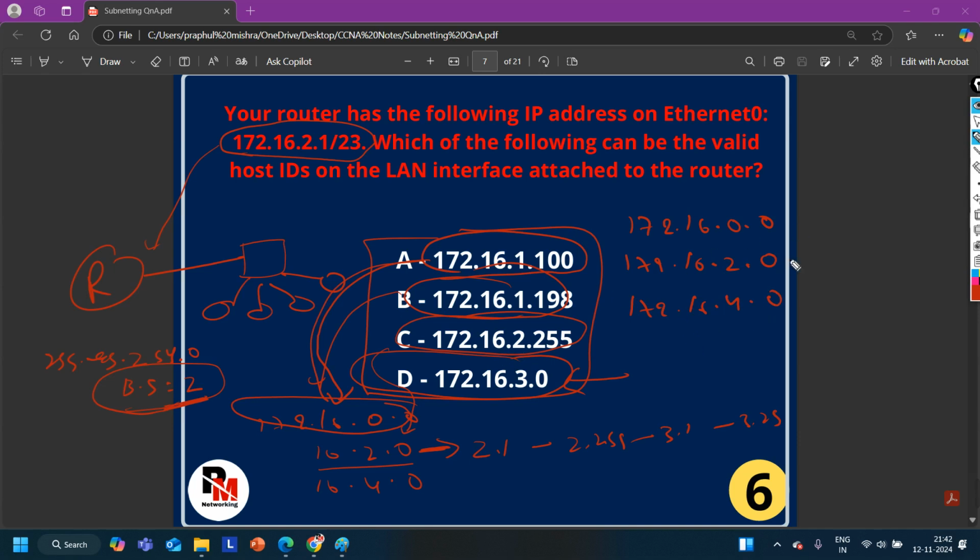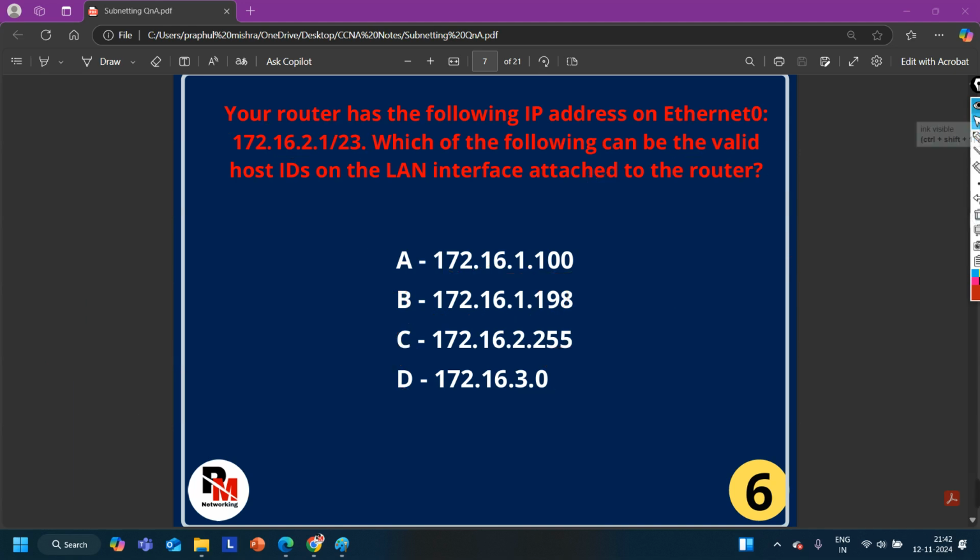Right? So this network is ending over here at 172.16.3.255. Right? And this IP address comes under this network only, yes or no? So both are yes. Correct.